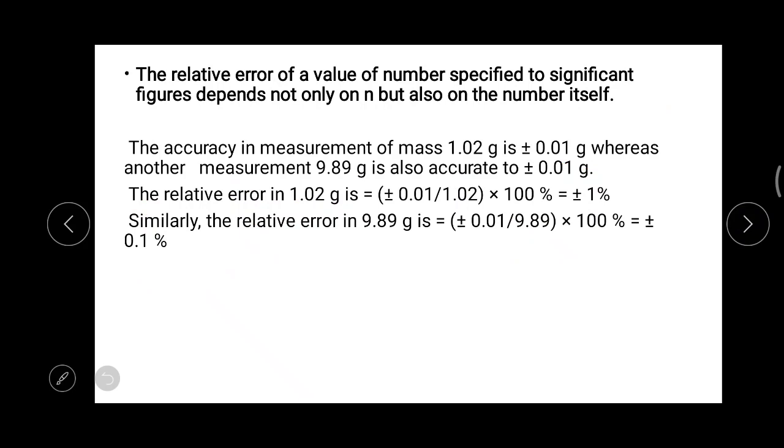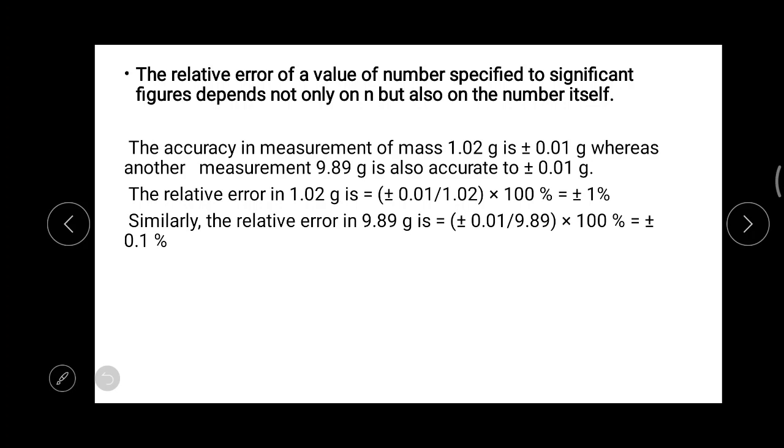Now the relative error of a value of number specified to n significant figures depends not only on n but also on the number itself. Actually the relative error value is not depending upon the significant figure. Whenever we are dealing with the example, you will understand that one.